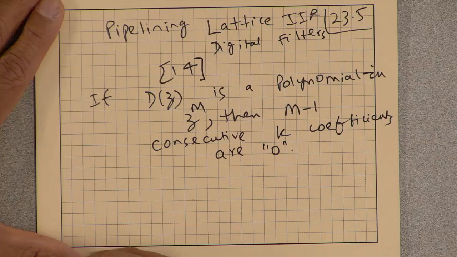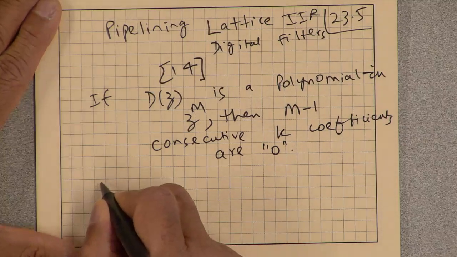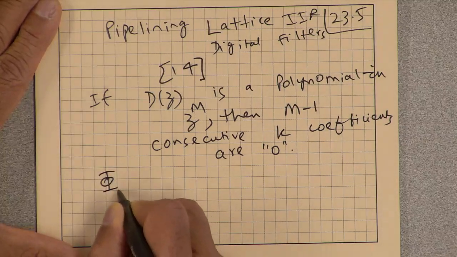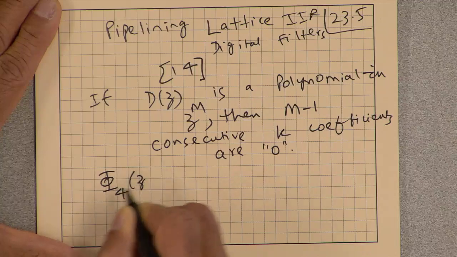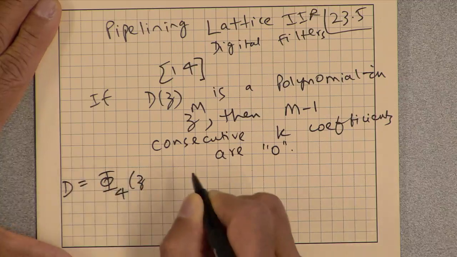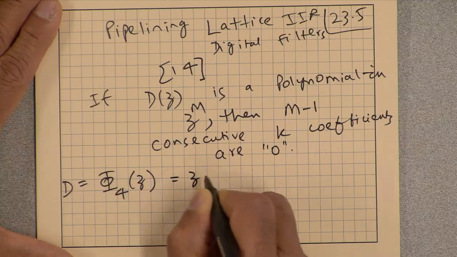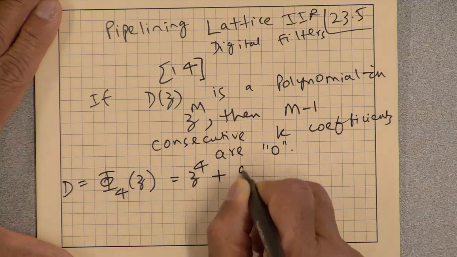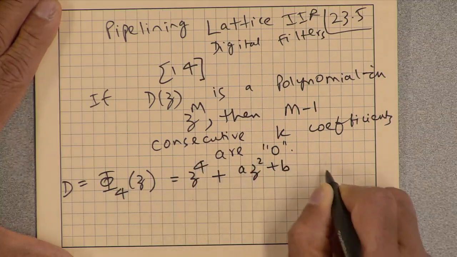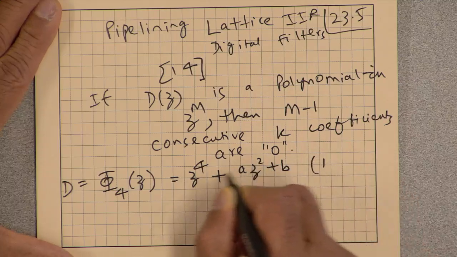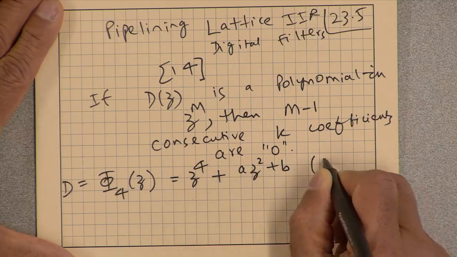To go through this, let me start with a very simple example where the denominator is something like z to power 4 plus a z squared plus b. In this particular example, m is 2.